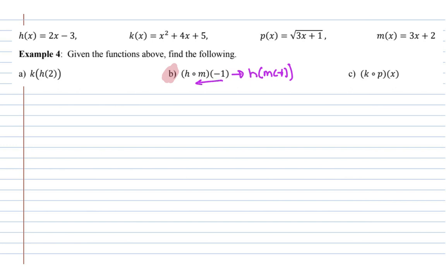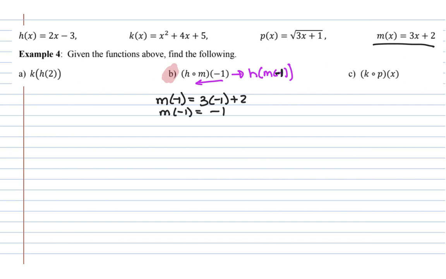So now if you notice, they gave an actual x value, which is negative 1. So let's first find m of negative 1 for that function. And our m function, which is this one, so we're going to have 3 times negative 1 plus 2. We get that m of negative 1 is going to be negative 1.